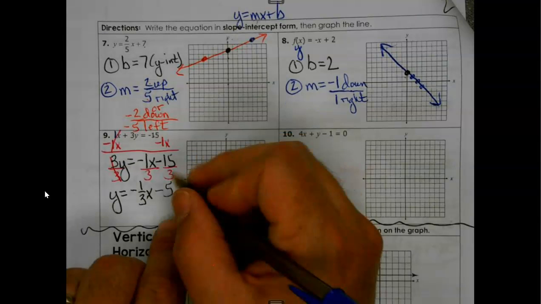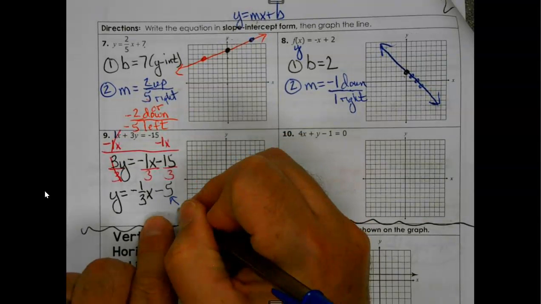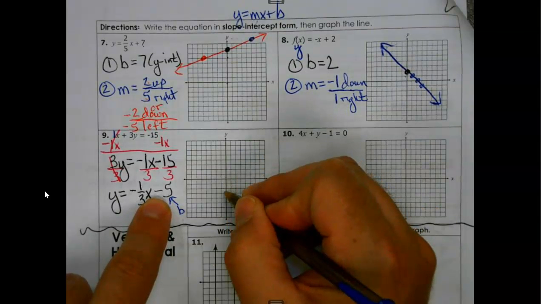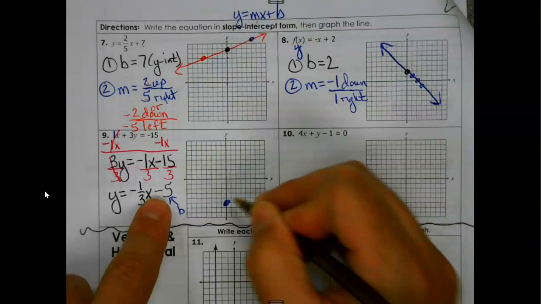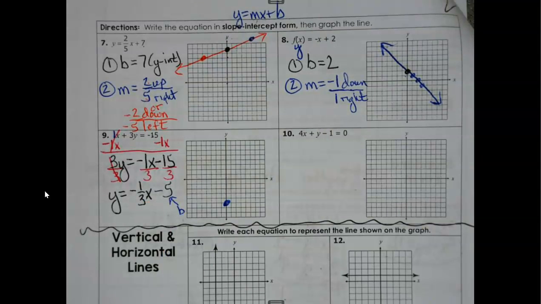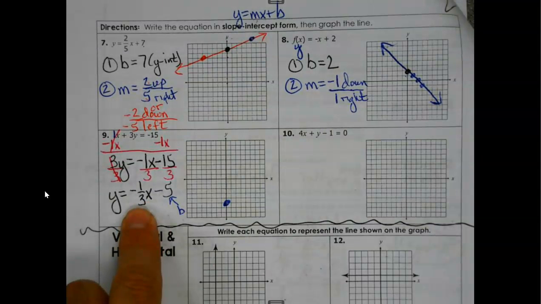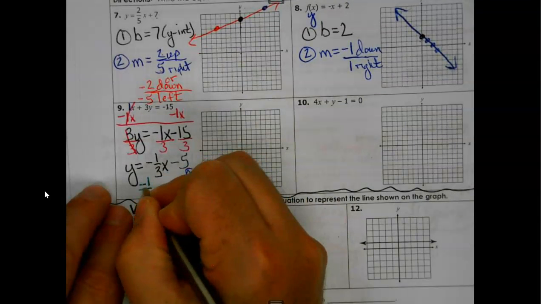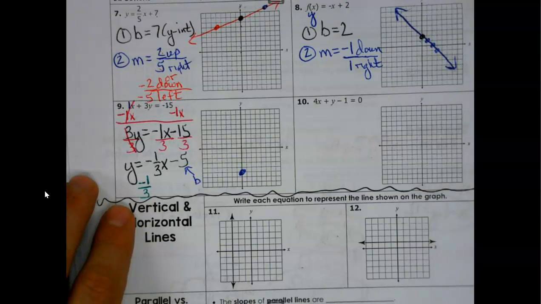Okay. When you have a negative slope, the negative only goes on one number. So here, there's my b, there's my first point, negative 5 on the y-axis. But when we do the slope, that 3 is positive.